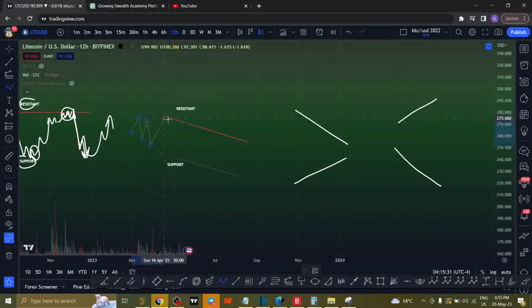We trigger the resistance. What kind of price action movement are we going to get? Are we going to go to the upside or are we going to go to the downside? So I'll give you all a quick minute. I want you to comment in the comment section below what happens when we trigger this resistance level.